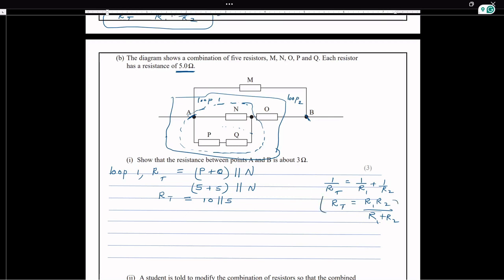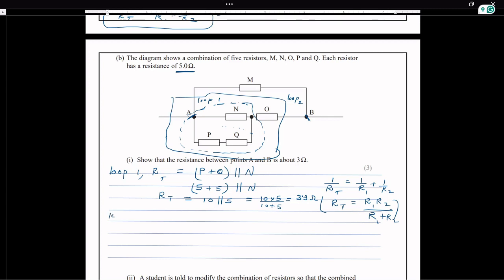So I'm going to use this method here. This will give me an answer of 10 times 5 over 10 plus 5, which is 3.3 ohms. So R total for loop 1 is 3.3, loop 1, the innermost loop.